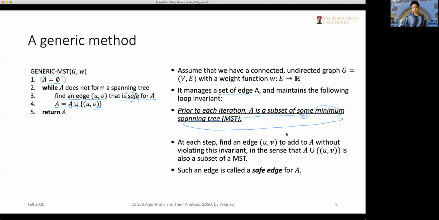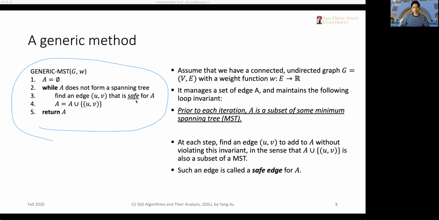So this is a very conservative algorithm. Each time we only make a small step by including an edge that is safe to A. That's the basic general algorithm, and it actually doesn't tell us much about the details, because we don't know what a safe edge means.